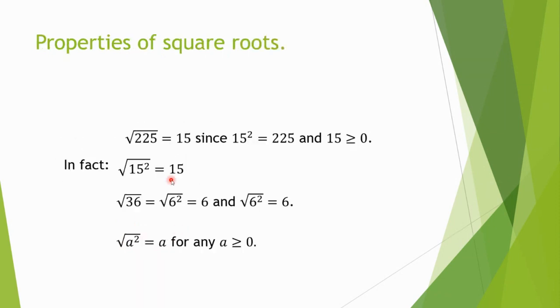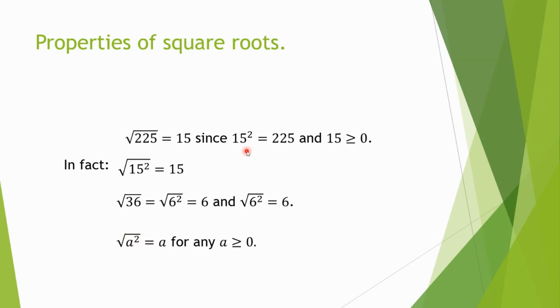Okay, so we have some properties of square roots, some more properties, I should say. For instance, the square root of 225, right? That's going to be 15, okay? And again, why is that? Because 15 squared is 225, and 15, as we know, is non-negative.